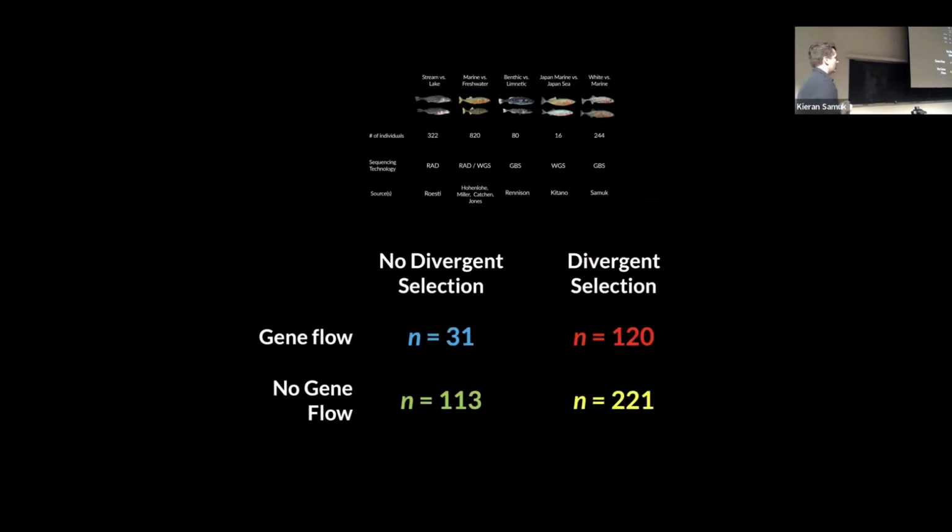And so this is the number of pairs of each one of these scenarios that we came up with. So many different examples here. This one's a little depauperate, because those would be two populations of a very similar type that differ in no discernible selective traits. It's not usually something that evolutionary biologists study. We usually study stuff that's different. But we did find 31 of those.